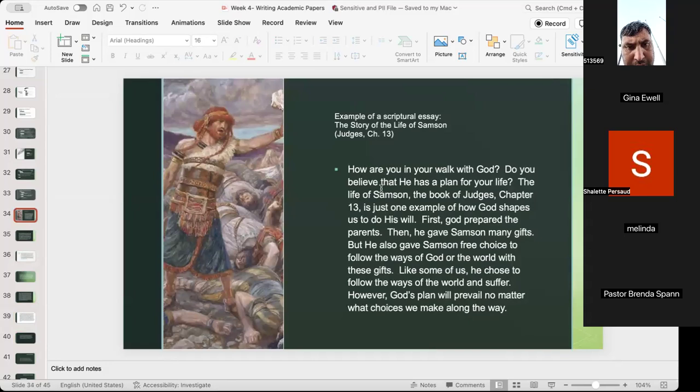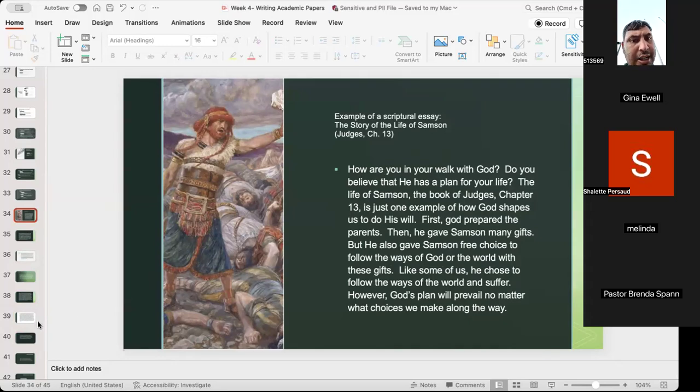So it talks about Judges chapter 13, okay? And talks about Samson and how he was tempted by immoral women and how he had to decide what kind of choices to make, whether he was making a good choice or a bad choice.